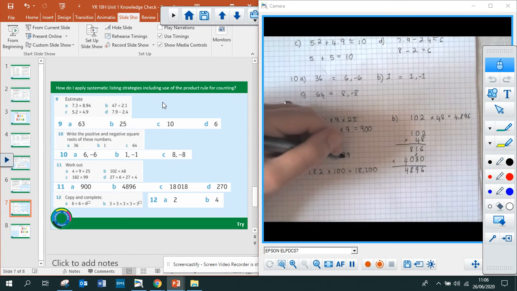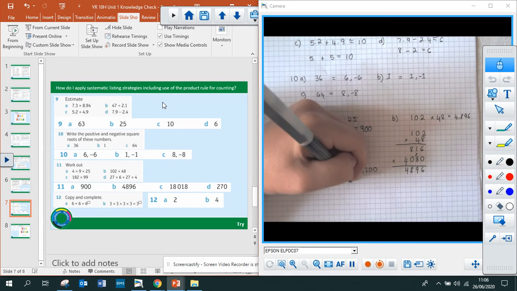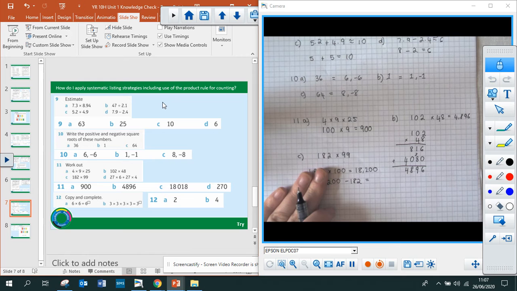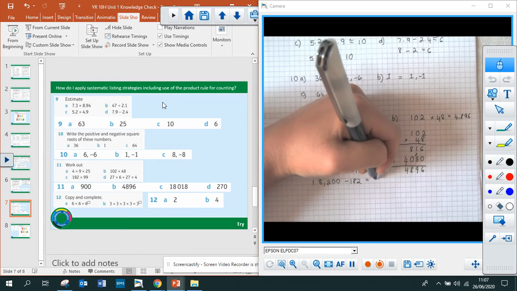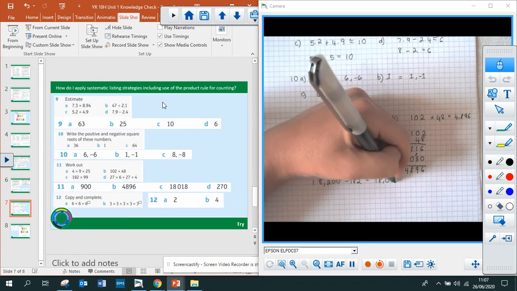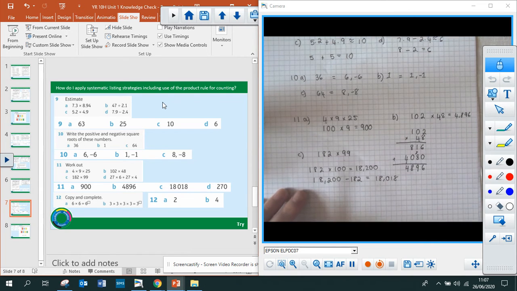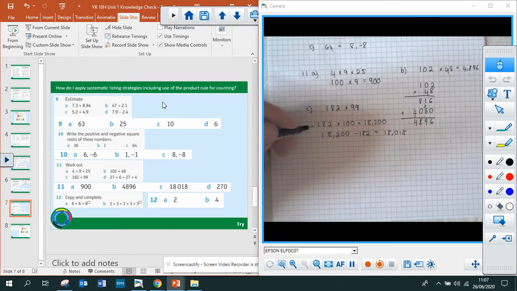And then you're just going to subtract one lot of 182, okay? Because you've timesed it by 100, but they wanted you to times it by 99. So then actually what you're going to do is 18,200 subtract 182. So 200 subtract 182 is going to be 18. So my answer is 18,018. Otherwise you could use the column method, but you should be looking for these kind of relationships to make your life easier. And finally, part D.